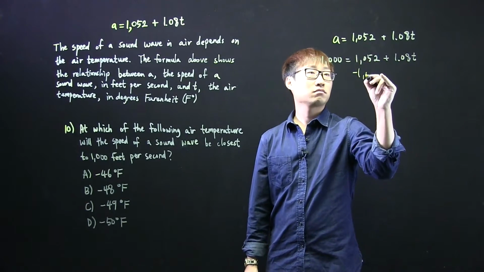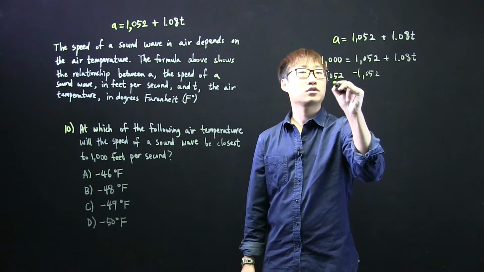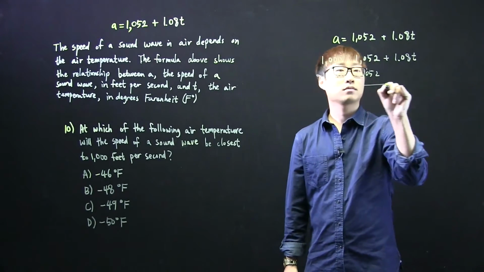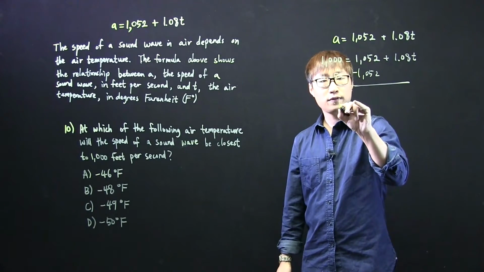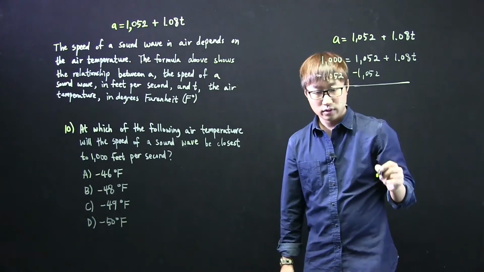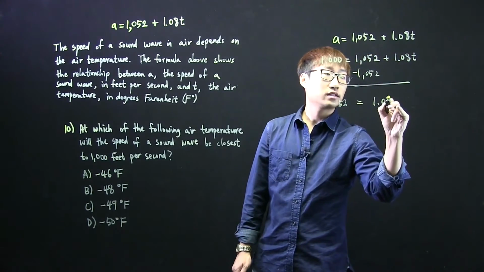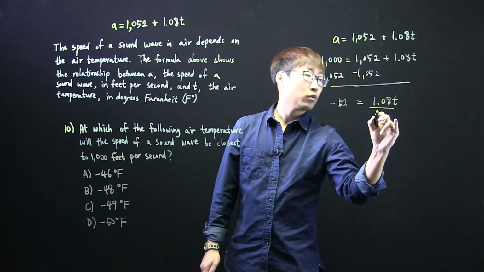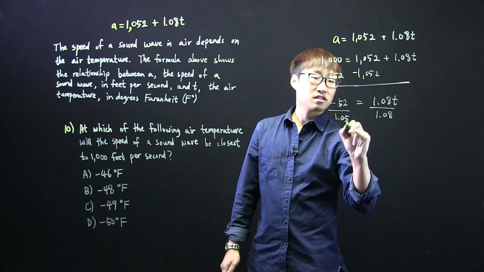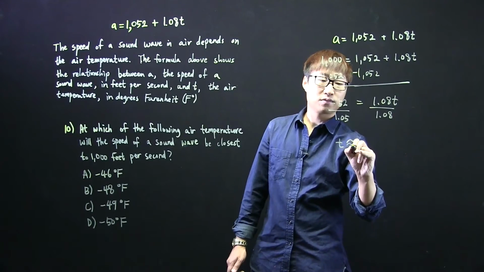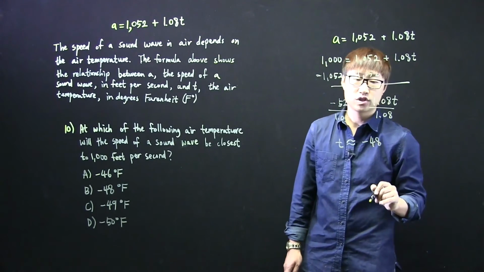So subtract 1052 on both sides to try to leave the T alone, right? That means we get negative 52, right? Negative 52 is equal to 1.08 T. You divide by 1.08 on both sides. The T is probably roughly about negative 48-ish.